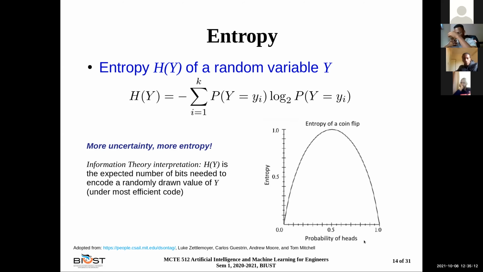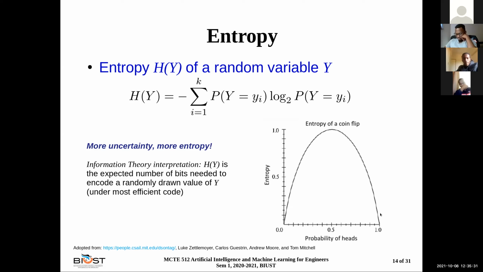But this is the probability of getting a head. You won't get a head here because this is tail, so the probability is 0. That's why the entropy is 0, because it is certain that we'll always get a tail.